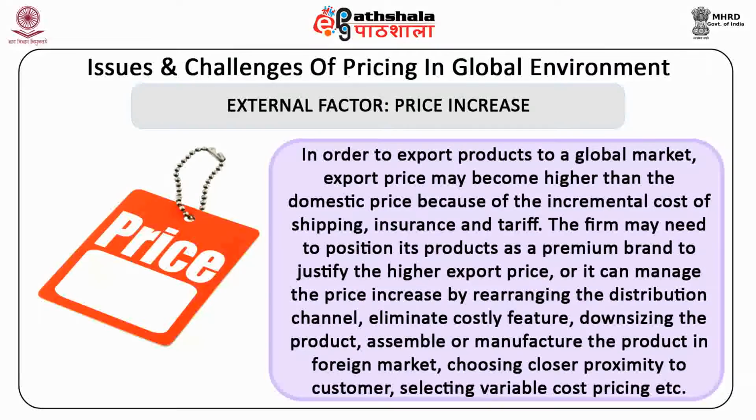The firm may need to position its products as a premium brand to justify the higher export price, or it can manage the price increase by rearranging the distribution channel, eliminating costly features, downsizing the product, assembling or manufacturing the product in foreign market, choosing closer proximity to customer, selecting variable cost pricing, etc.